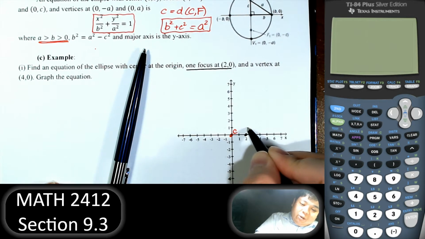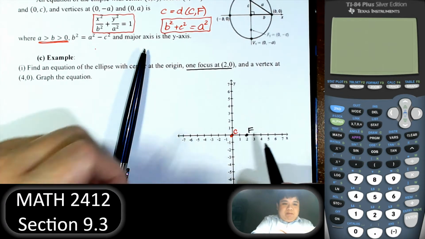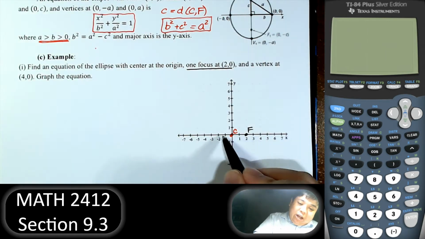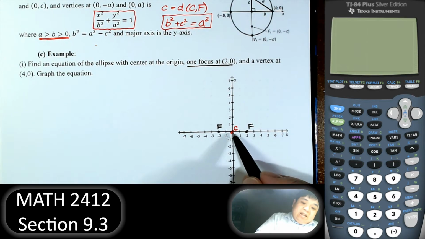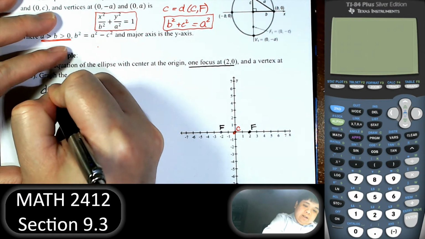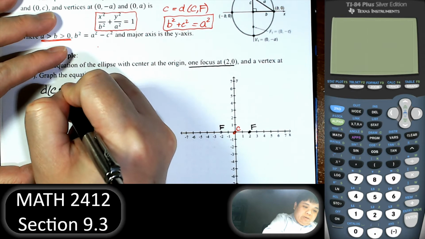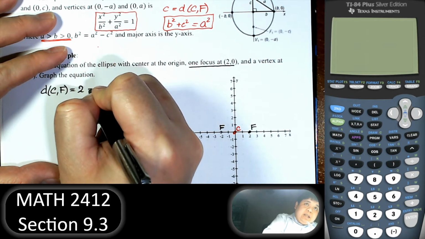By the way, the center is the center of symmetry, so there will be another focus on the opposite side. The distance from the center to the focus is going to be 2, and that is c.